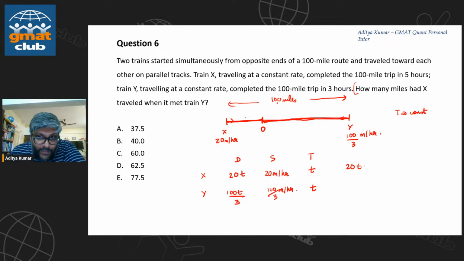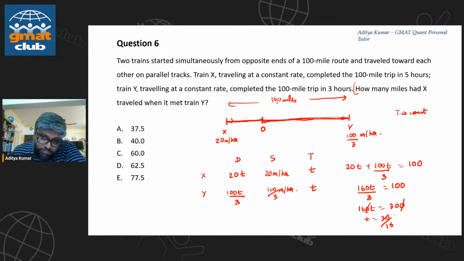So 20T plus 100T by 3 should be 100. Taking the LCM, I would get 160T divided by 3 is equal to 100. So that's 300. 160T is 300. I'll cancel the zeros. So T would be 30 by 16. So 15 by 8 hours.